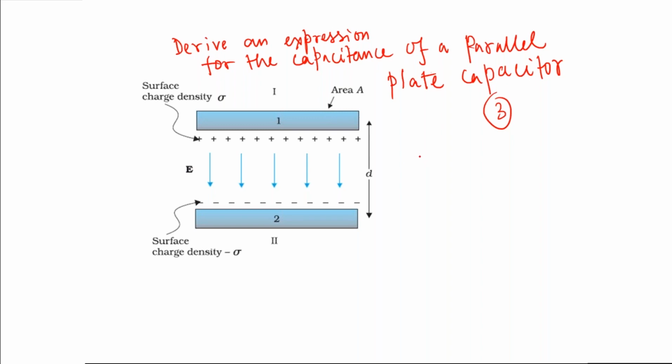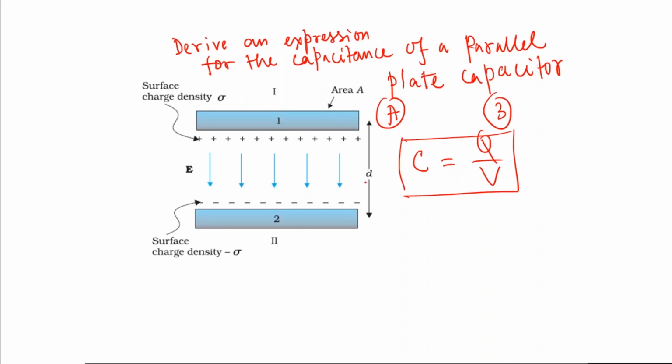See, I have told you that capacitance, voltage, and charge have a relation. Capacitance is Q by V. So look here, in the parallel plate capacitor, what are the known parameters we have?